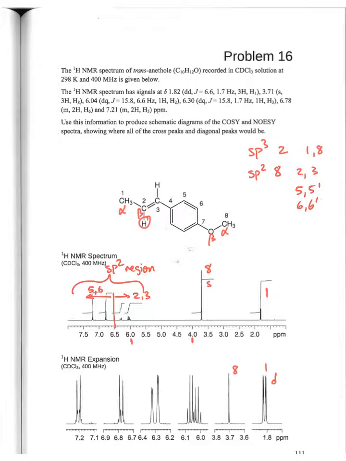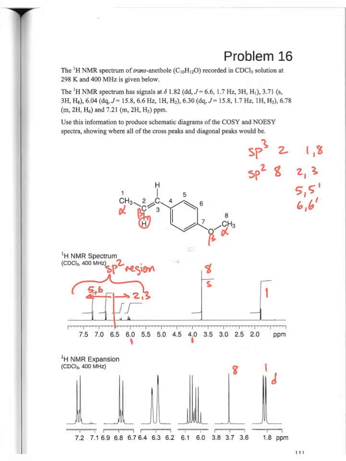What's the 5 prime, 6 prime? That would be just the other side here. Just call it 5 and 5 prime, 6 and 6 prime. So I want to point out something mildly interesting, maybe. So let's look at the one between 6 and 6.1. We already said that the peaks to the right of 6.5 were either 2 or 3.